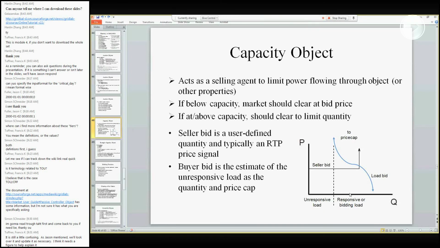So effectively, if you activate this capacity object, it will form a bid on the seller side of the curve that says, well, I would like to limit my power flow through this device to this level. So ideally, what will happen is if your load consumption over the next 5 minutes will be below that capacity, then you'll basically just clear at your bid price, at your supplier bid price.